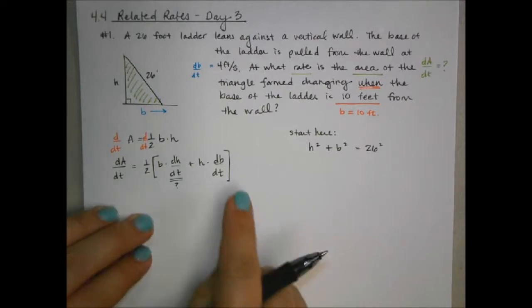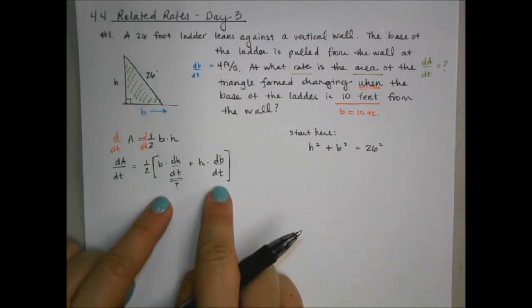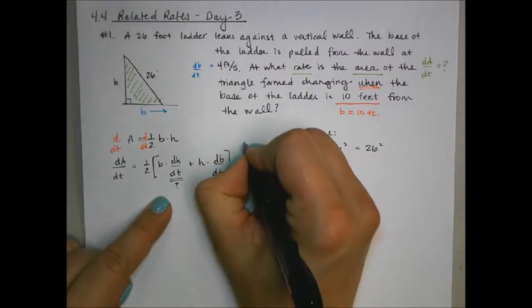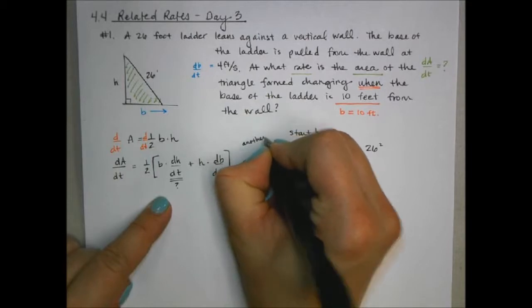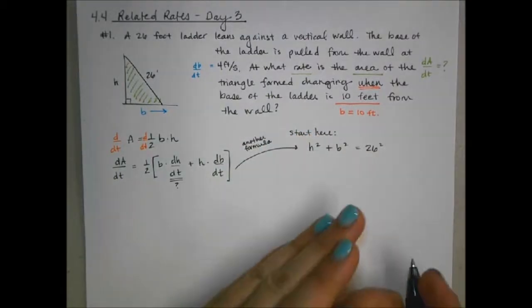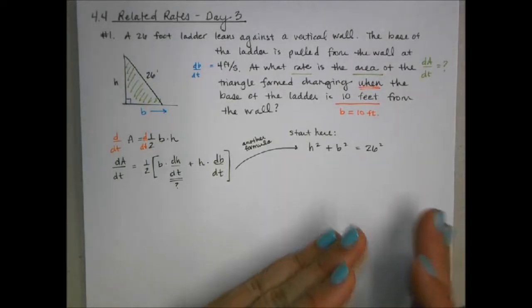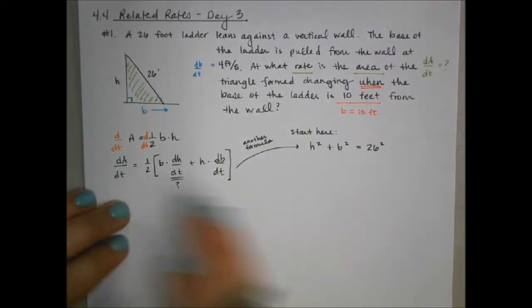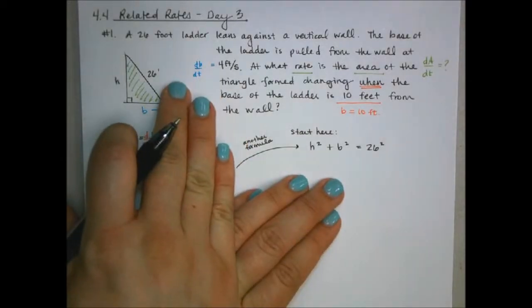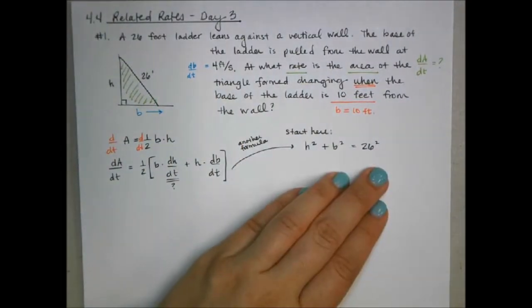And I needed another formula that related h and b. So here it is. Another formula that just related h and b and no other values like a. So that's just the Pythagorean theorem. Since using 26 as a constant, I won't have a rate of change for that value here.